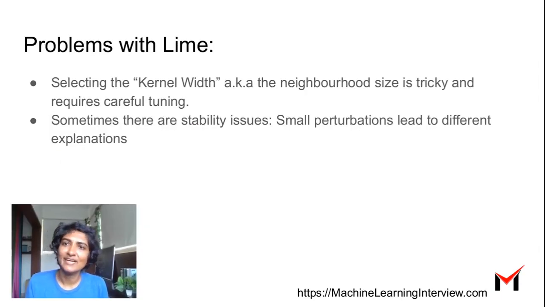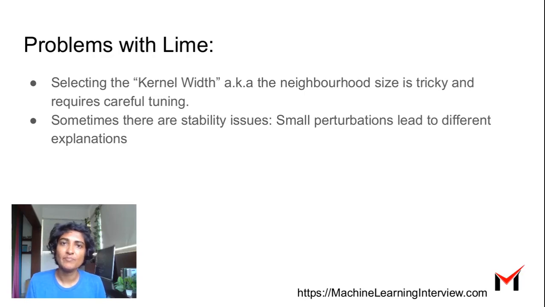Some problems with LIME include that selecting the kernel width, or the size of the neighborhood, is sometimes tricky. The same neighborhood size does not fit all situations usually, and it requires some careful tuning. Another issue is that of stability, where small perturbations can sometimes lead to different explanations.